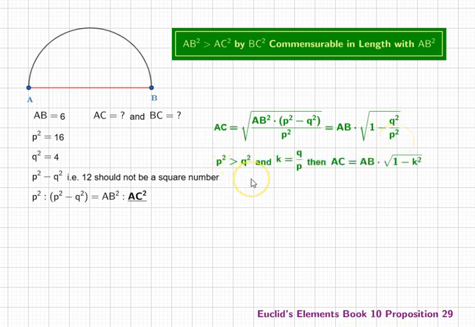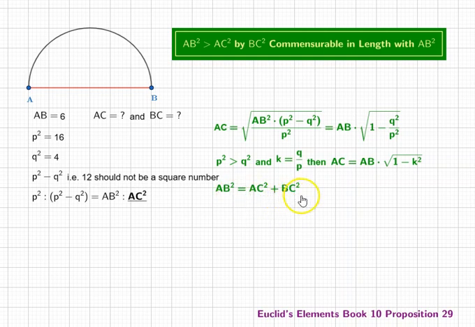Here p square is greater than q square, and let's say K is equal to q by p. Then AC is equal to AB times square root of 1 minus K square. We have to figure out the other side. We have found AC. Now we have to find BC. For that, we straightforwardly use Pythagoras theorem.